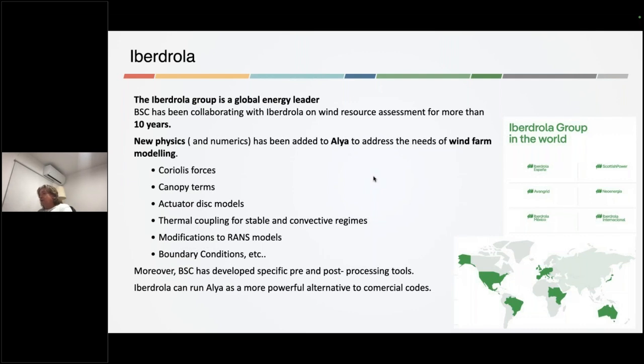Modifications for the RANS turbulence models that are specific to wind, and modifications to boundary conditions. So there have been several modifications that we have been doing to ALYA, and we are also starting to do now in SOD2D.